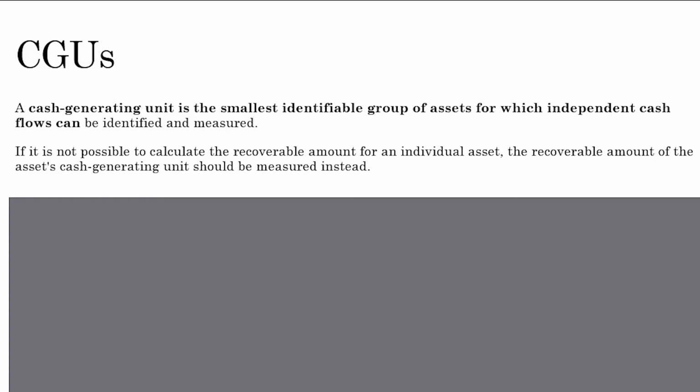Now, an important thing to note about a CGU is that goodwill by itself cannot produce any cash flows. And if you think about the statement, it's just logical because goodwill is intangible, and you cannot just directly say that because of goodwill, this much cash flow is coming into my business. So what you will do is you will allocate this goodwill to relevant CGUs by how much benefit they're receiving because of this goodwill.